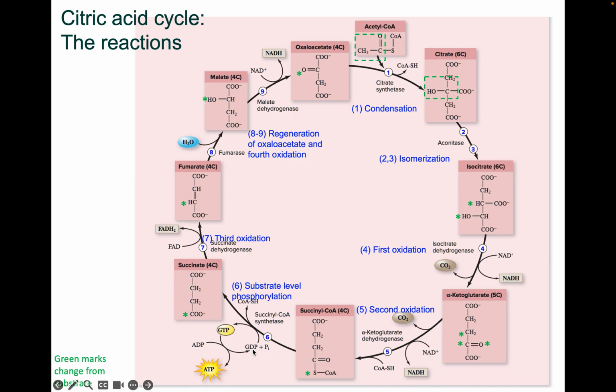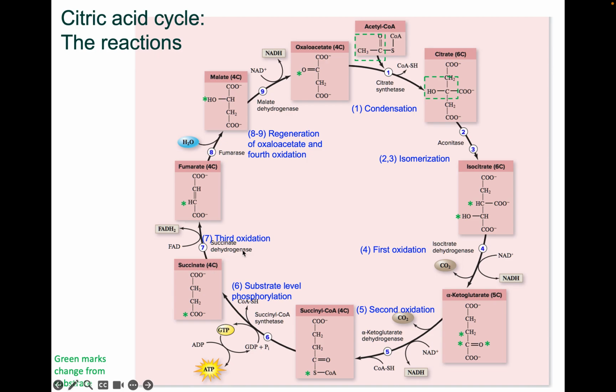So you're fueling guanine diphosphate to become guanine triphosphate, and this is then gonna transfer a phosphate here to adenosine diphosphate to make ATP. So this is the first ATP that we created. So this is all done by succinyl-CoA synthase. So it's literally breaking down this group over here, and that's releasing a lot of energy that's fueling this GDP to GTP, and this GTP is then transferring the phosphate to ADP to make ATP, and then you get succinate.